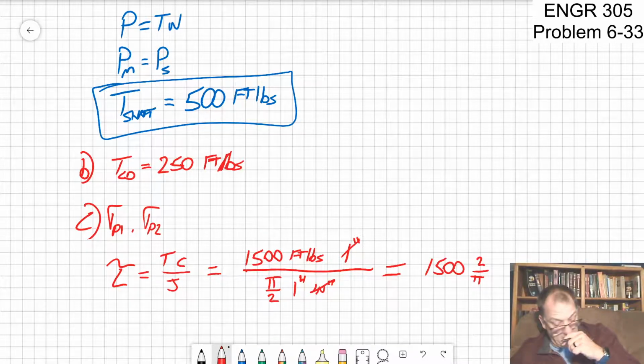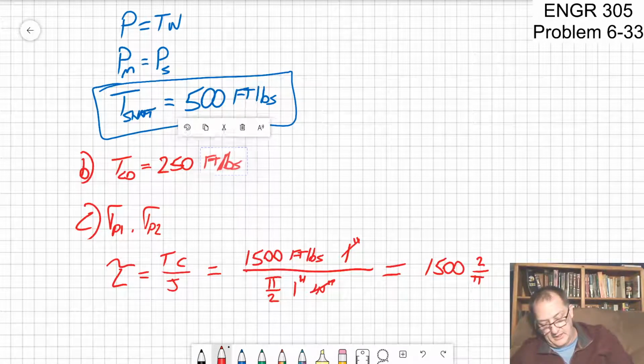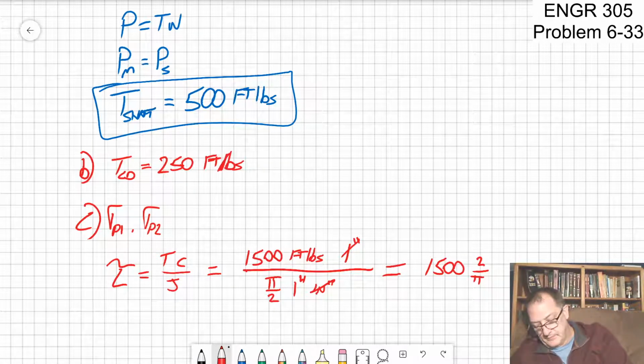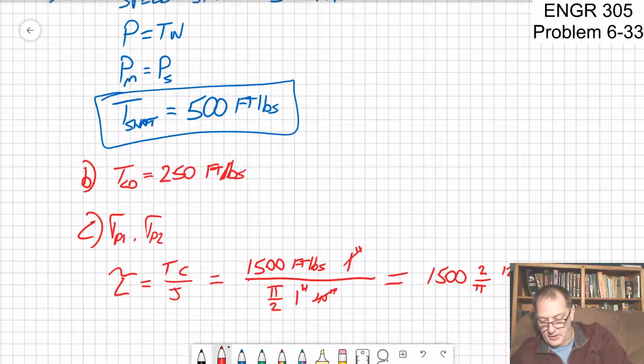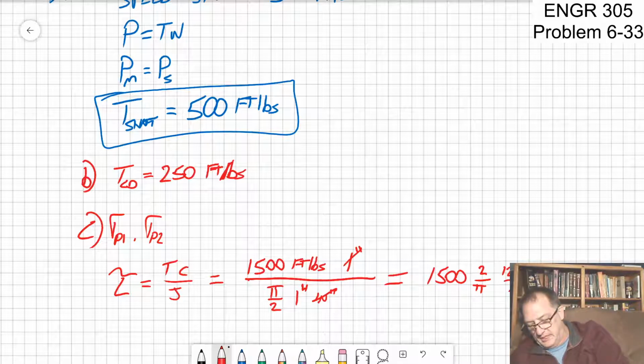Oh, I have to put a 12 inches per foot in there, don't I? And now I'm going to have it in pounds per inches squared, so that's PSI. I thought 1,500 times 2/3 was just 1,000, and then I have to multiply it by 12, so it's a little bit bigger.